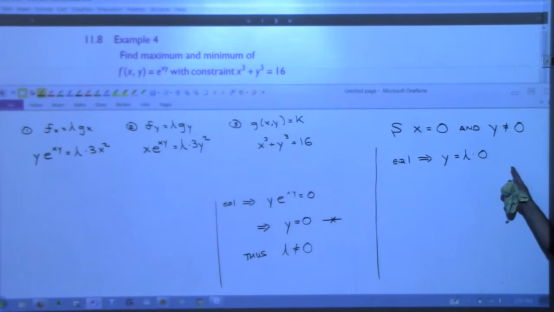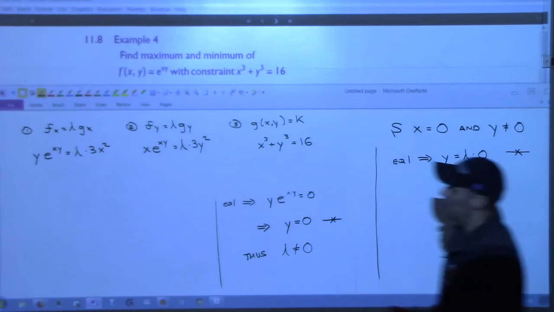Which is a contradiction, because I just said y isn't 0. Understand? So that would be a contradiction, and so that can't happen. Because remember, you have to satisfy all three at the same time.